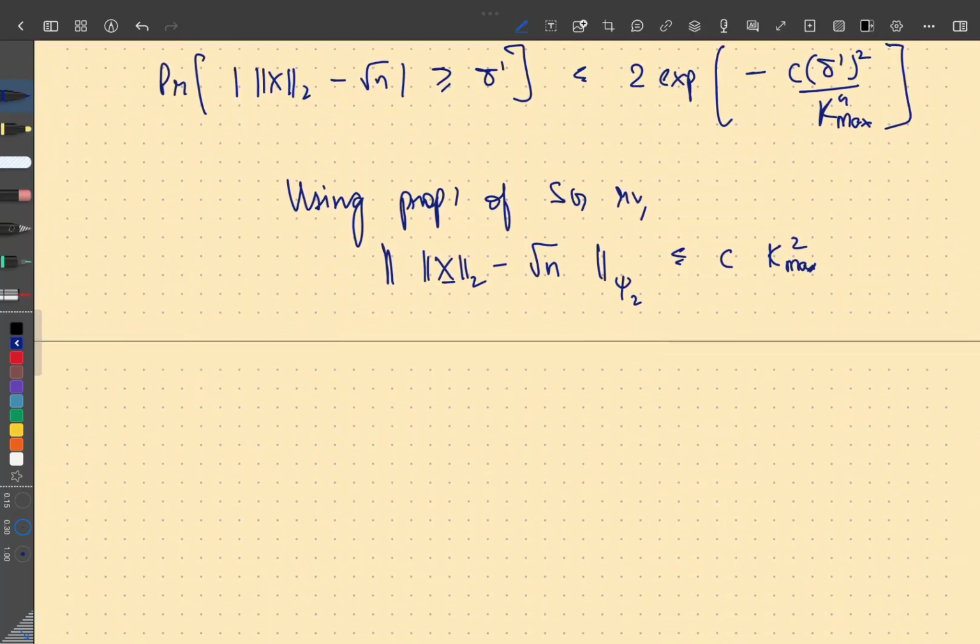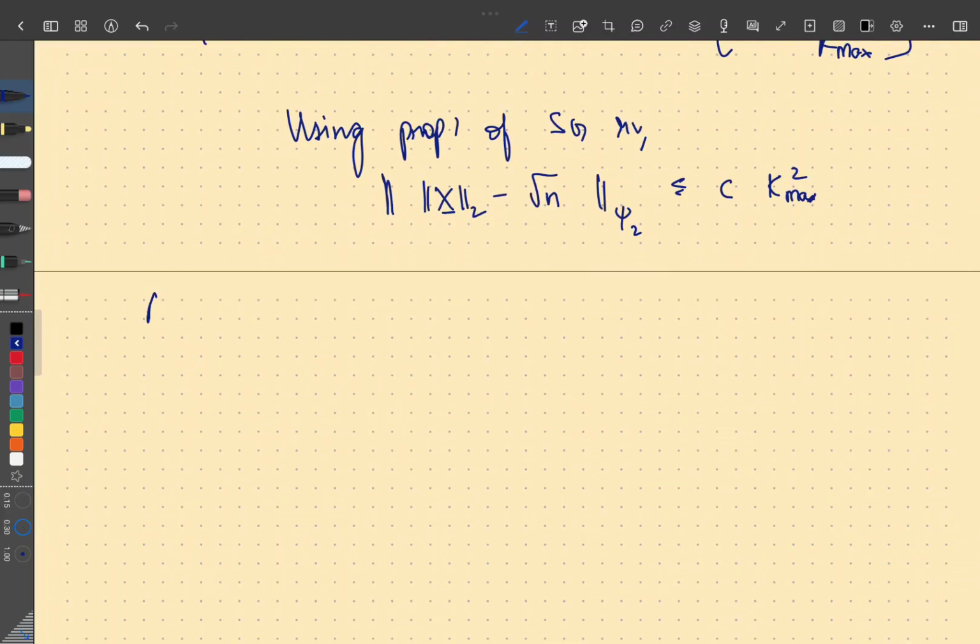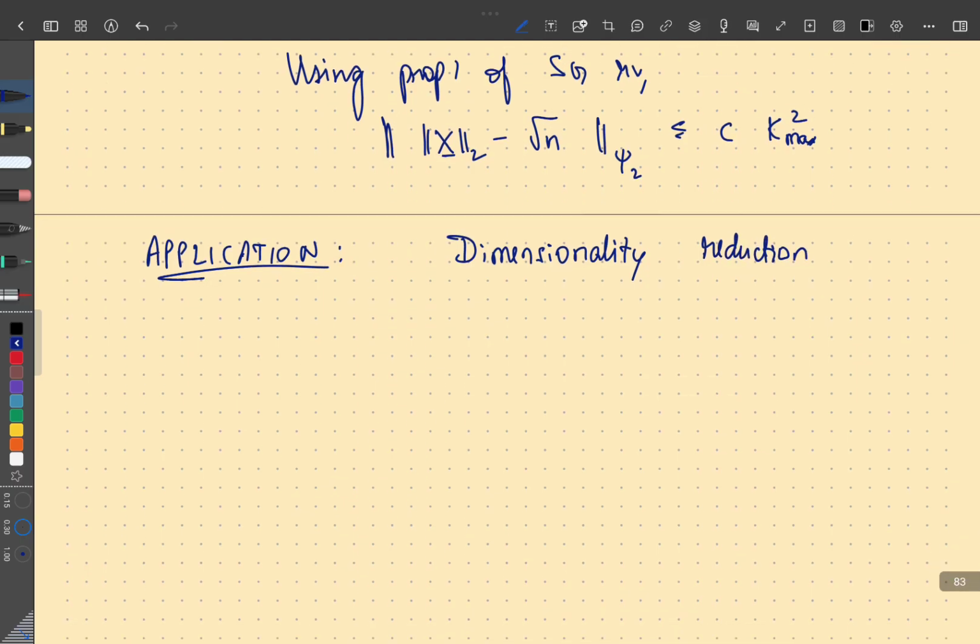So now let's see an application of this to dimensionality reduction. What is the problem of dimensionality reduction?